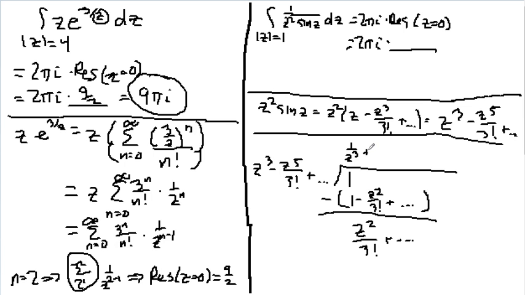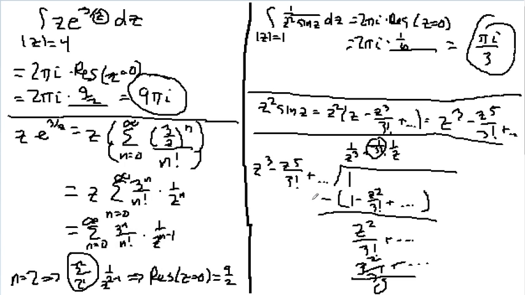I'm going to multiply it by 1 over 3 factorial times 1 over z. When I do that, I get z squared over 3 factorial plus a whole bunch of other stuff, and I get 0. And notice now, this is the residue. So I get 1/6, which is 1 over 3 factorial, so the integral is just pi i over 3.